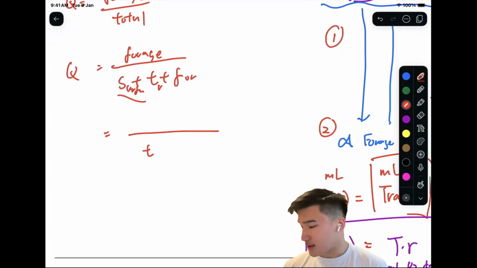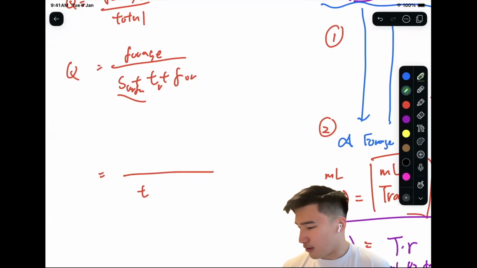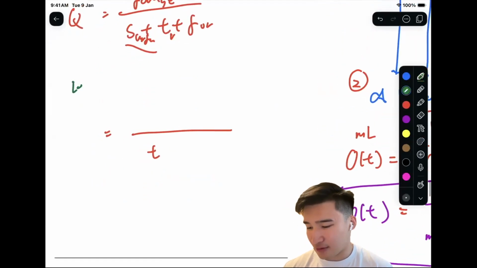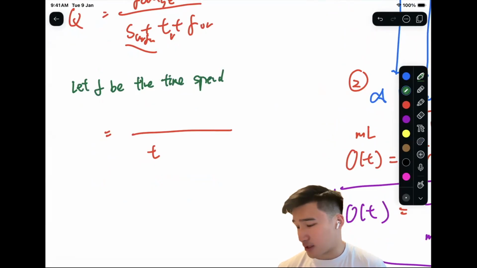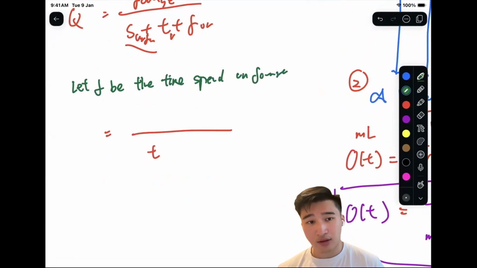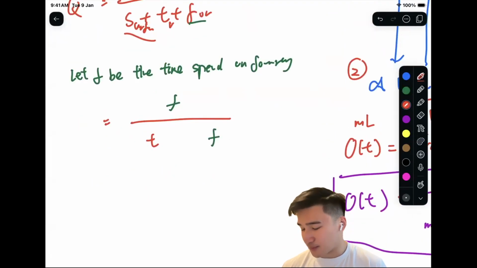So we can actually give it a variable, and I use a variable called f. Okay, let f be the time spent on foraging. So we can have f here.